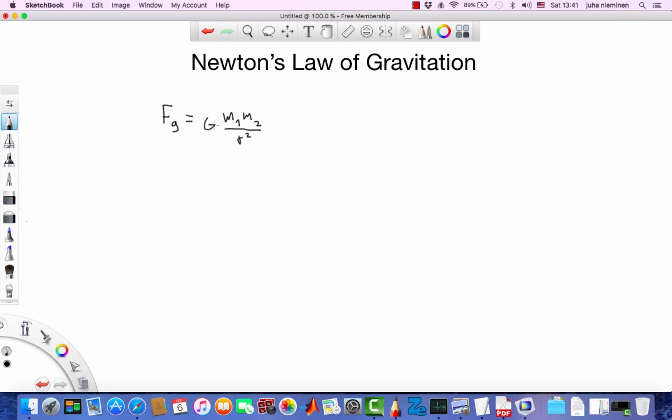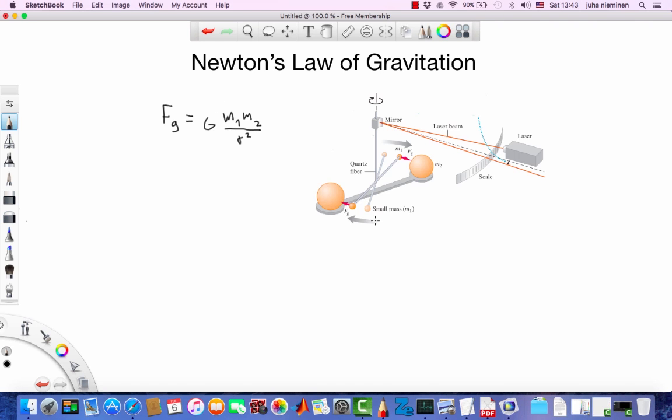About 100 years later, a person called Henry Cavendish set out on a mission to determine the value of this mystical constant. And this is what he did. Here is an illustration of his experiment.